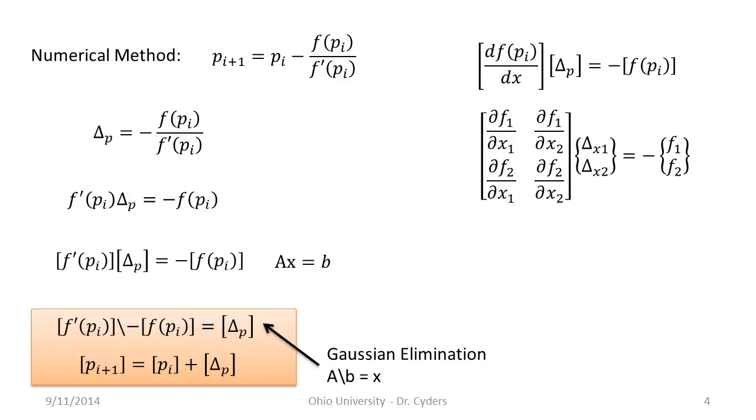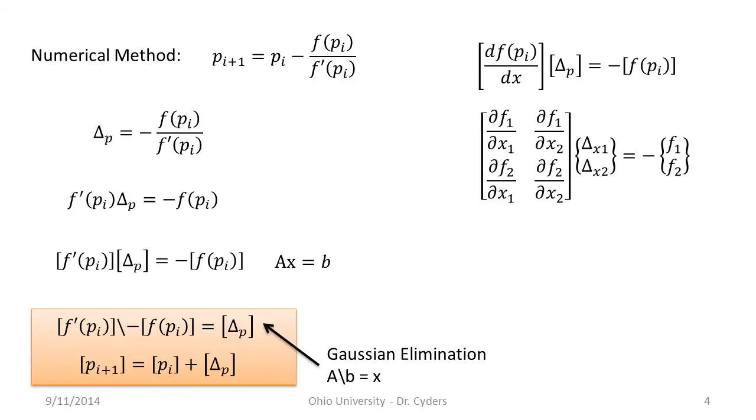And so I'm going to take partial derivatives because this is a function of more than one variable. I'll take del f1 by del x1, del f1 by del x2. Again, function 1 is in the first row, function 2 is in the second row, variable 1 is in the first column, variable 2 is in the second column, etc. You can do this for n functions in n variables.